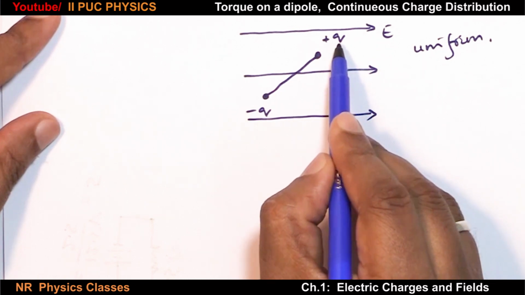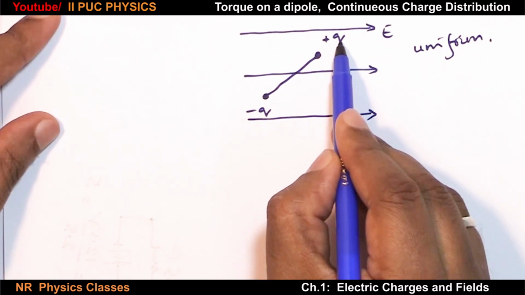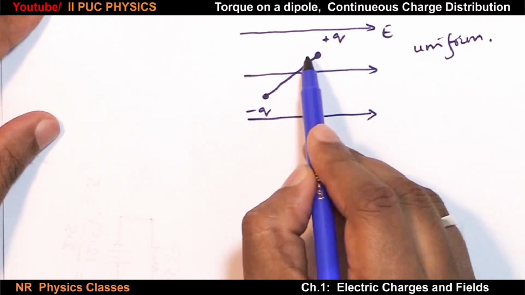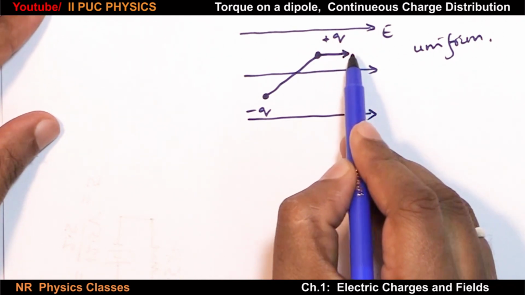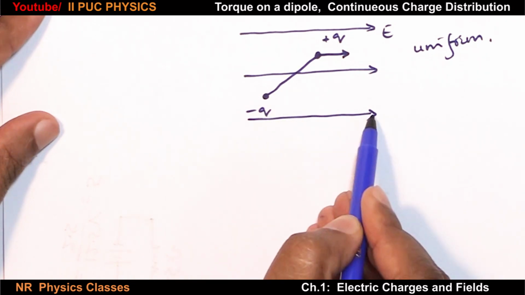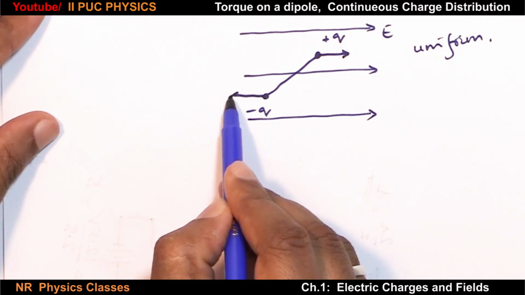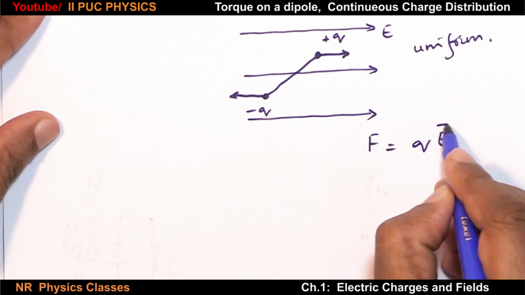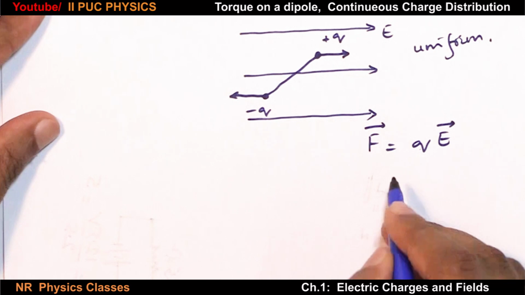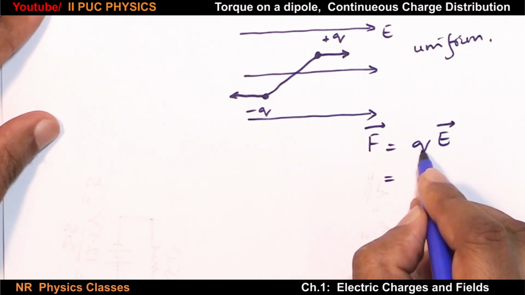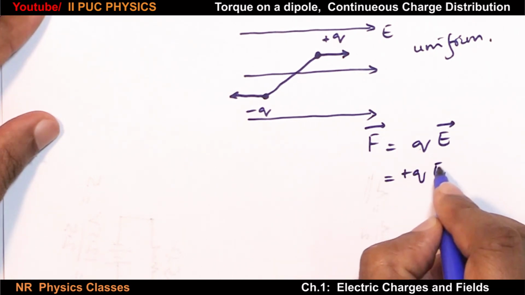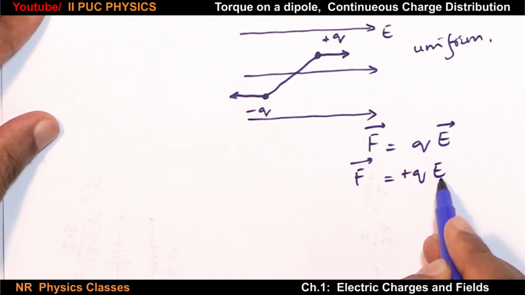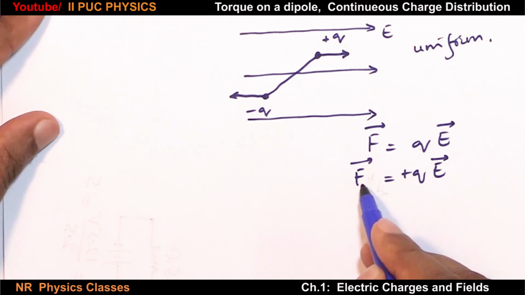We know that plus Q experiences force in the direction of the electric field, like this, and minus Q experiences force opposite to the direction of the electric field, because force is given by Q into E. Force on a positive charge, plus Q into E, is F. So in this case, the direction of the electric field is the direction of force.